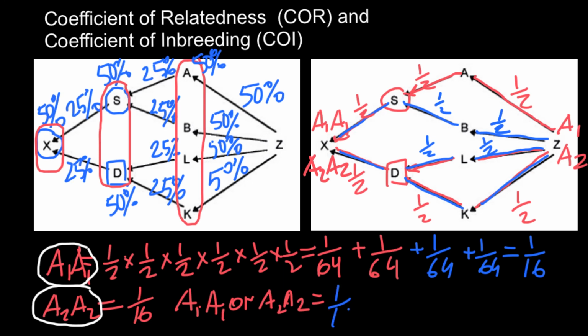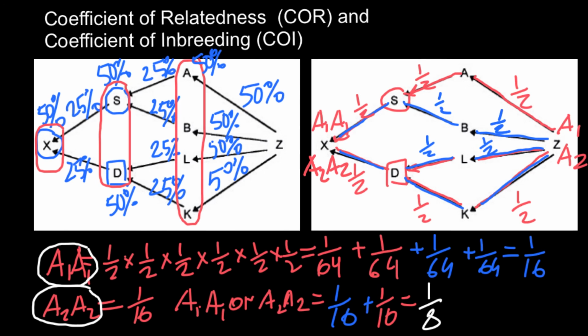And the probability of this individual X being homozygous for the same allele inherited from the common ancestor would be 1/8. So this is going to be the inbreeding coefficient.